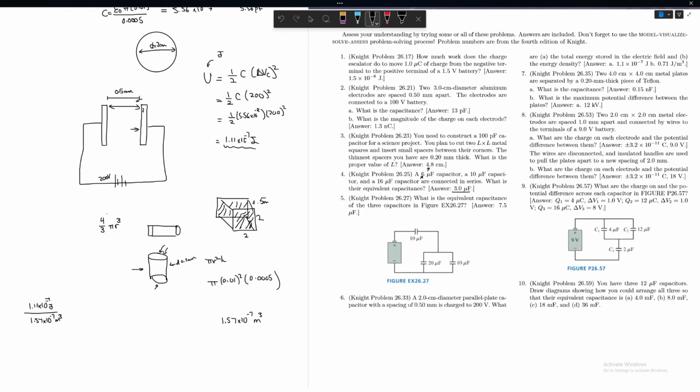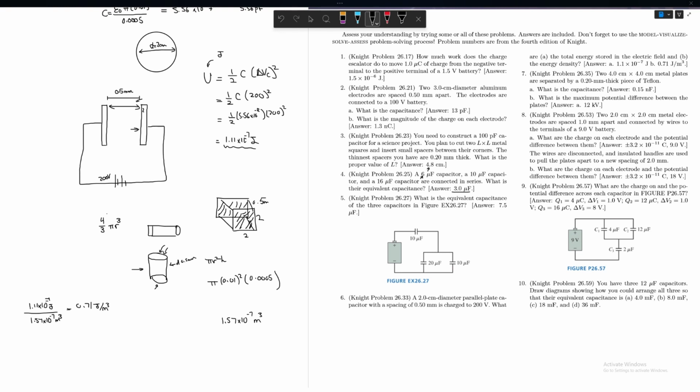What's my density? How many joules do I have per meter cubed? What I got is 0.71, and this is joules per meter cubed. At the bottom is meter cubed, at the top is joules. So my answer is 0.71 joules per meter cubed.